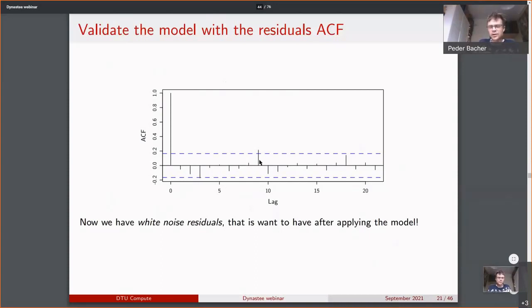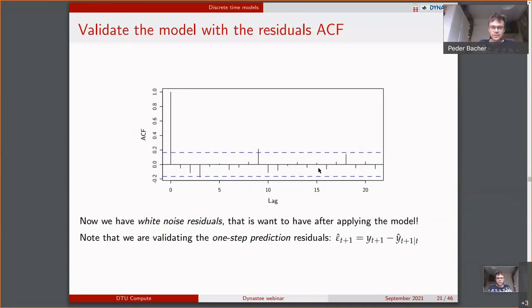And yes, one of these is sticking out, but if we look at 20, that's okay. 1 out of 20 is sticking out. In reality, you often have a few sticking out, but they are not very high. And then you say, this is actually fine. This is a good model. So now we can validate that this model is a good model for this data.